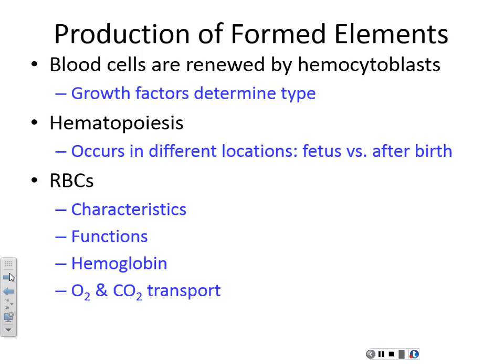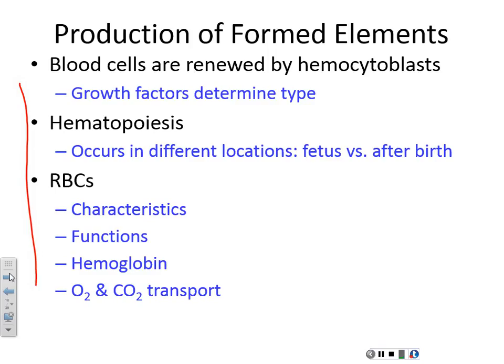The lymphoblasts give the lymphocytes, and the myeloblasts give the granulocytes, the neutrophils and whatnot. Okay, so know about how that affects hematopoiesis, the formation of blood cells. It differs between the fetus and the adult, because in the fetus you're making a new individual from scratch, so it's made in all the organs, liver and so on, okay?